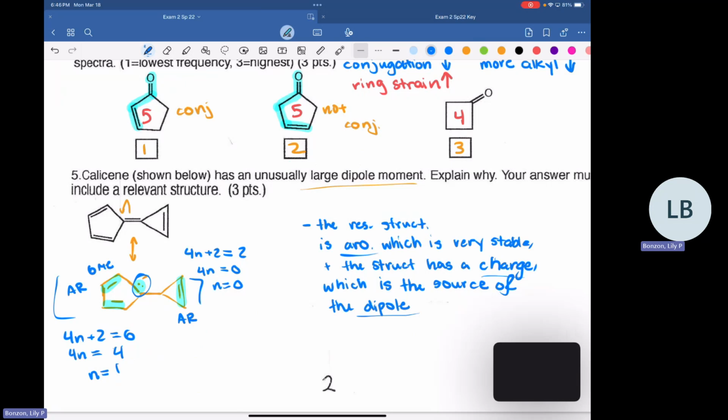But in this case, it just happens that there is a charge, and the aromaticity makes it stay in that structure, which contributes to the dipole moment. If this one wasn't aromatic and it had a charge, the aromaticity wouldn't contribute to the dipole moment because it's not keeping it in that structure.